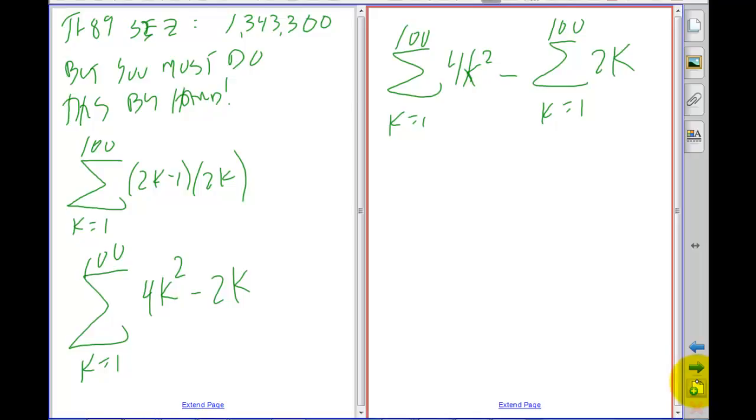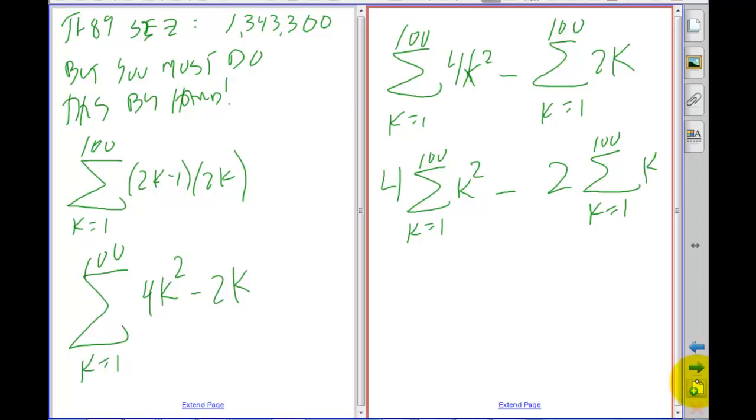Now what? These don't match my formulas yet. Nothing talks about the sum of 4k squareds or 2k's. You can put the 4 on the outside, that's the constant multiplier. 4 times the summation from k equals 1 to 100 of k squared minus 2 times the summation from k equals 1 to 100 of k.